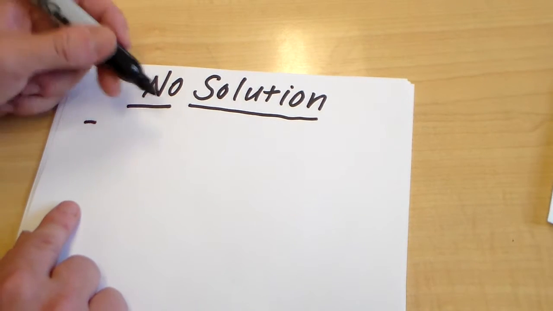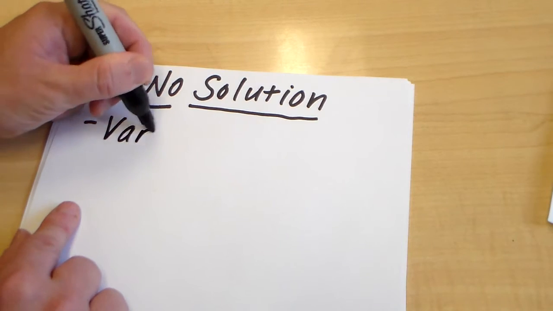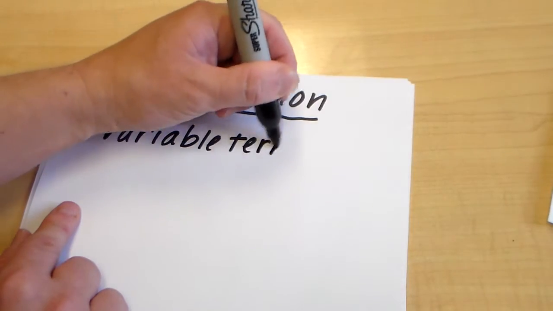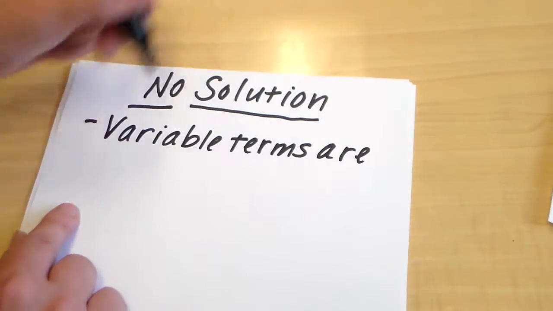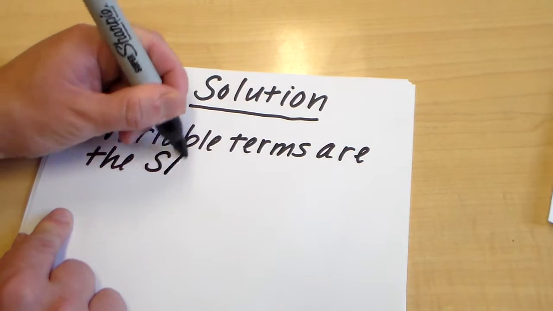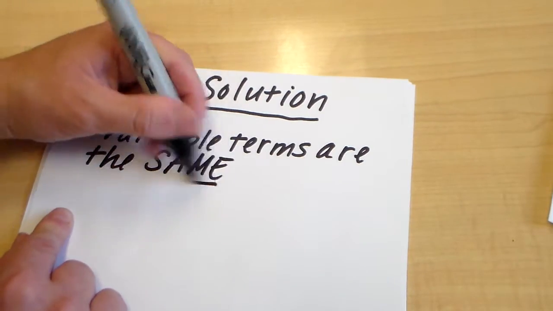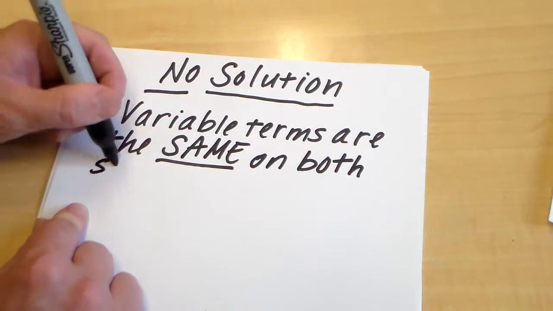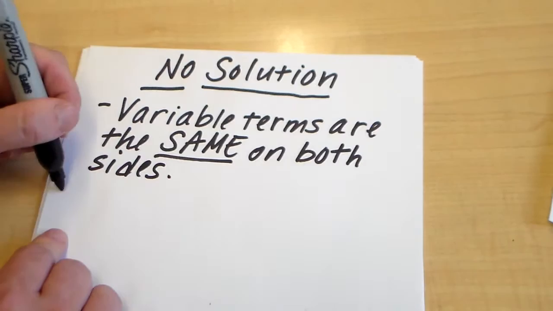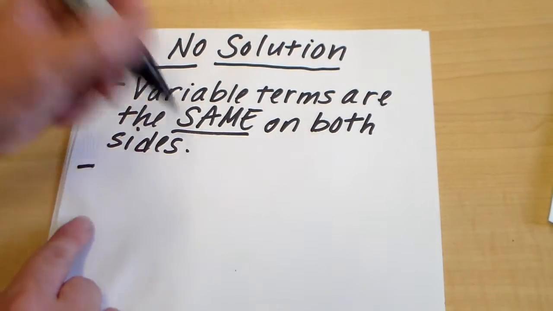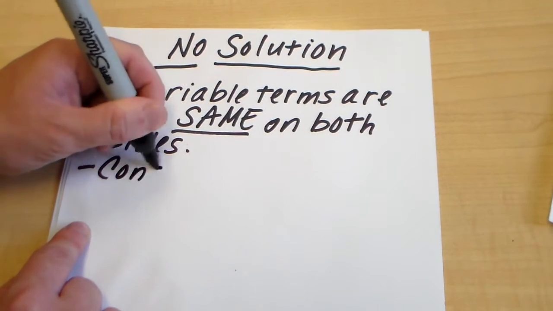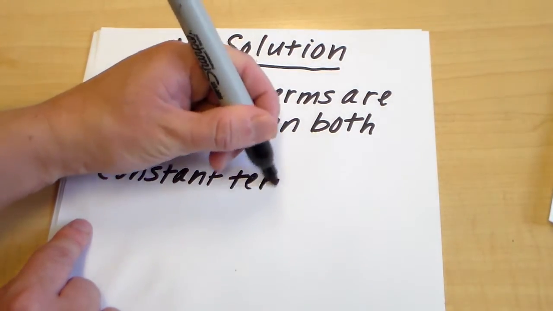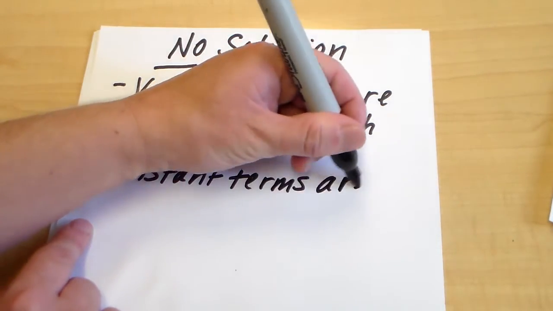It could be variable terms are the same on both sides. And then going along with that, the constant terms, and constants are those regular old numbers by themselves, are different.